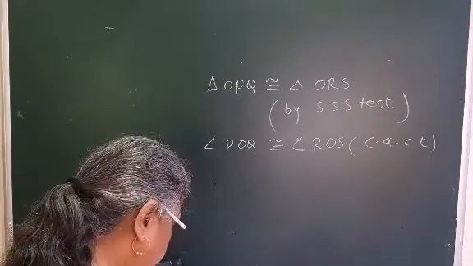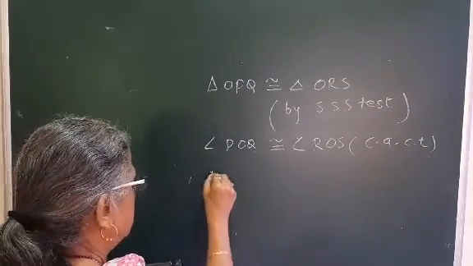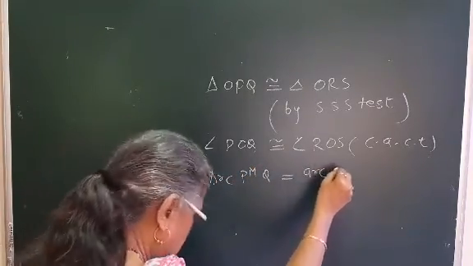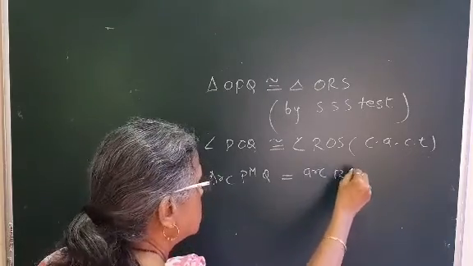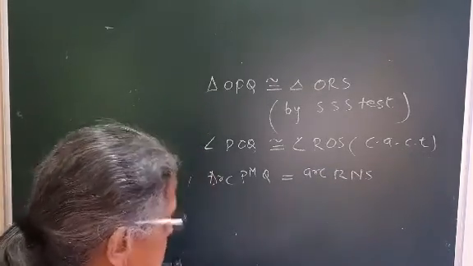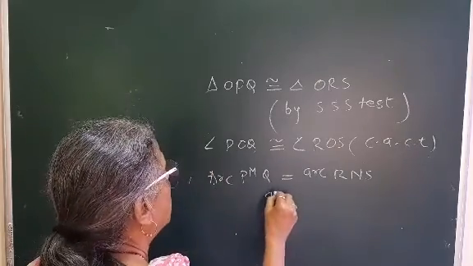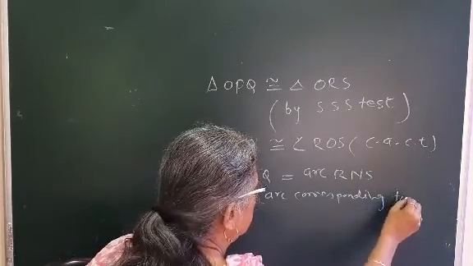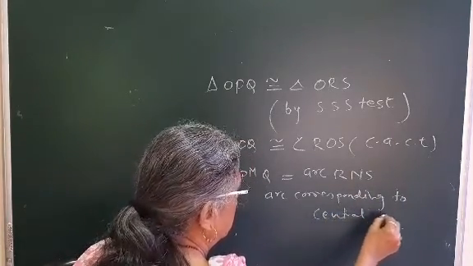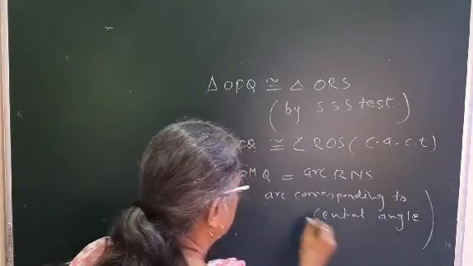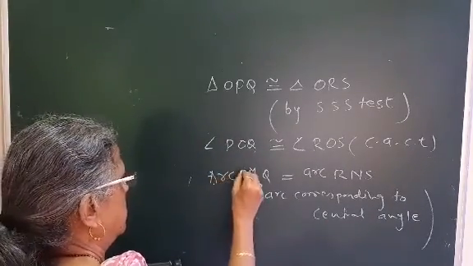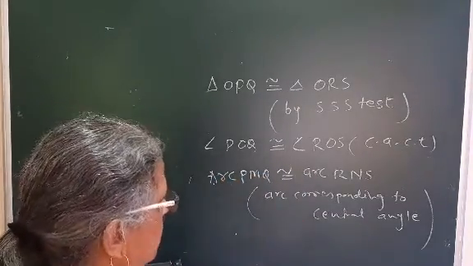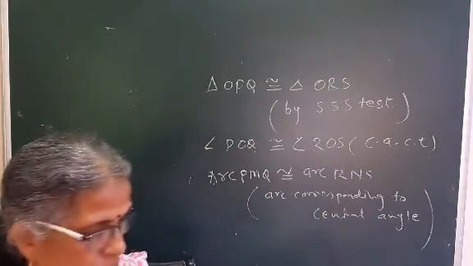So therefore arc PMQ equal to arc RNS. Followed? As these angles are congruent, reason: arcs corresponding to congruent central angles. Followed? So that is how you can prove both the theorems.